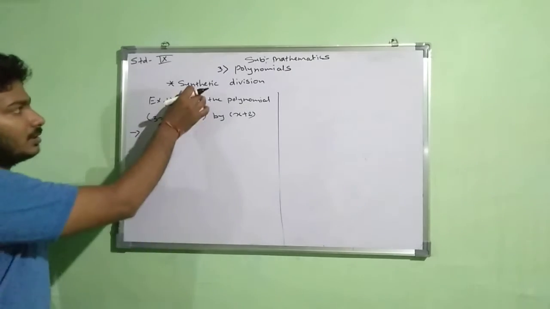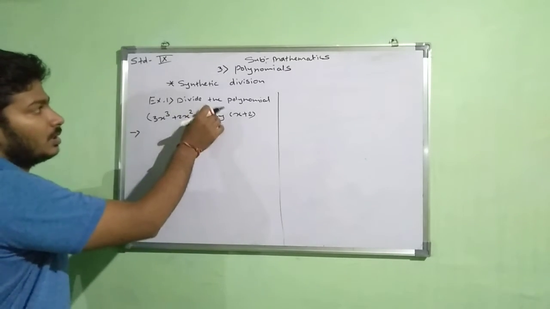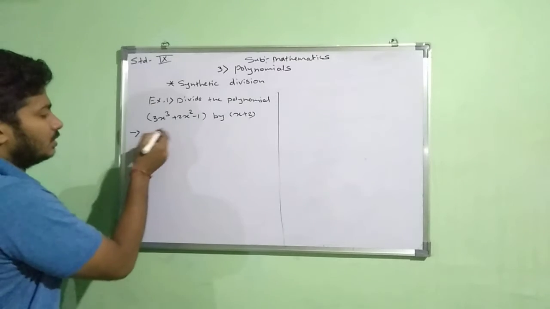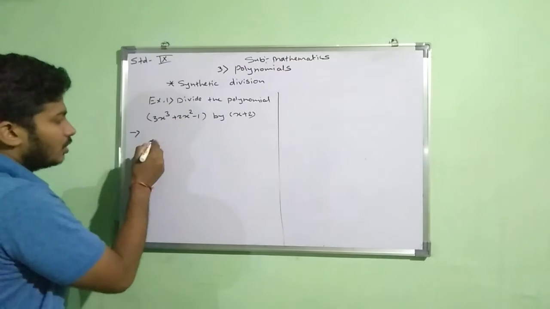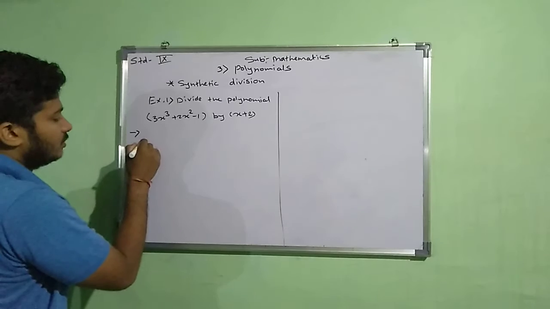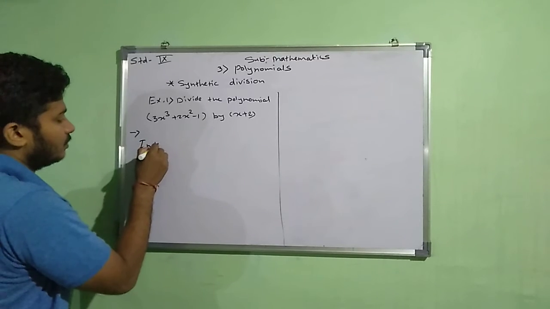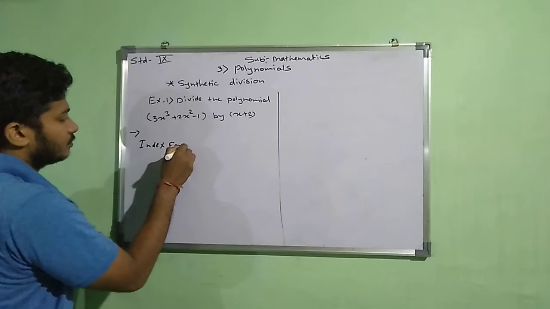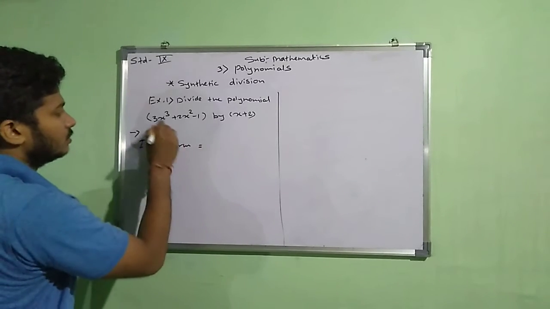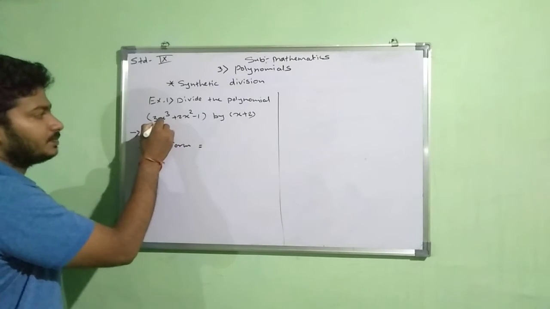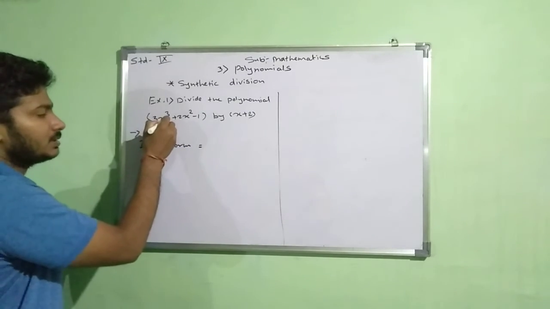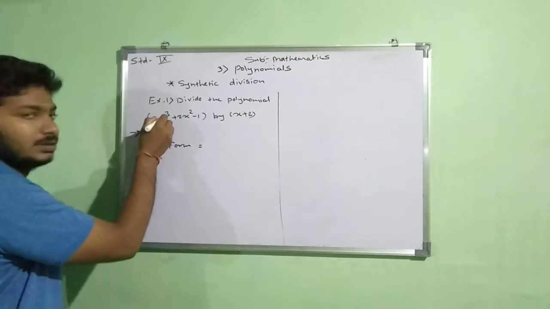While doing the division by the synthetic division method, first we need to write our dividend in index form. Look here, this is 3x cube, so the degree of that polynomial is 3.